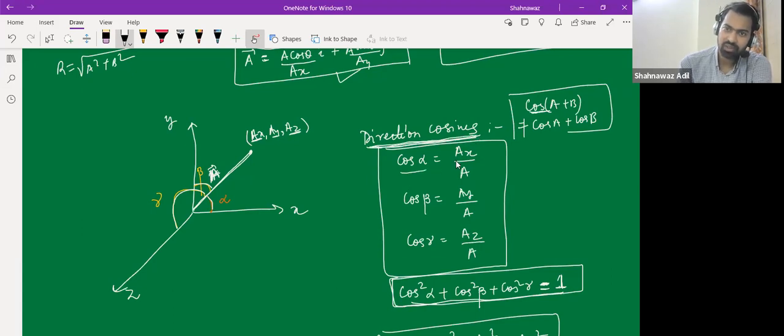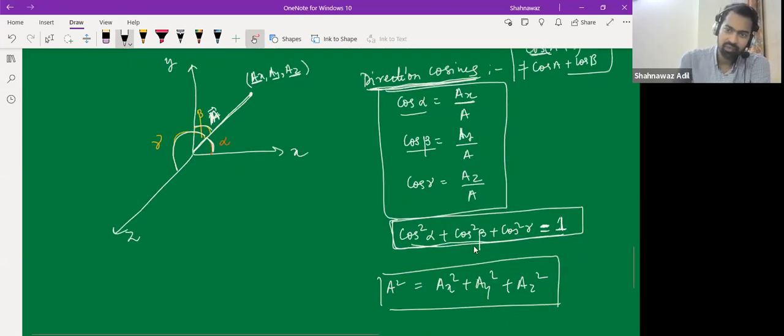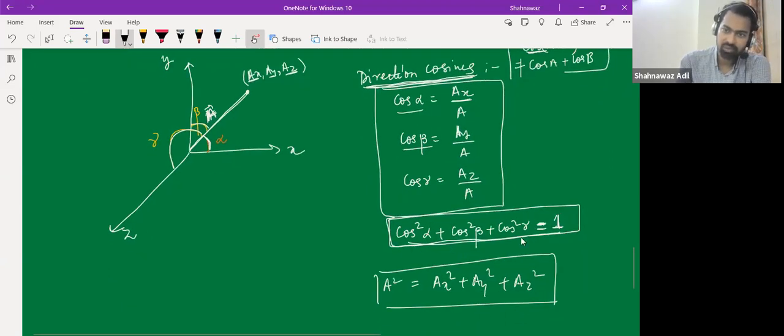Cos alpha is ax by a, cos beta is ay by a, and cos gamma is az by a. These are the relations for the direction cosines. And they have this peculiar property: when we square all the direction cosines and add them up, that gives us 1. So this is the basic concept we need to solve further questions.